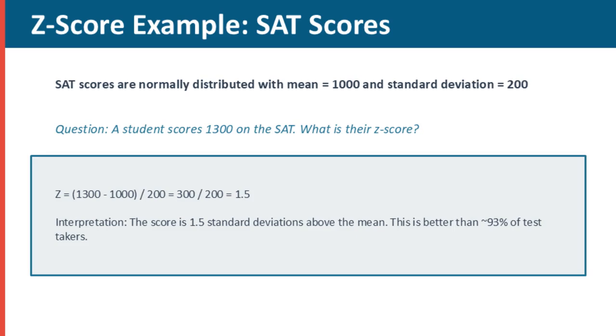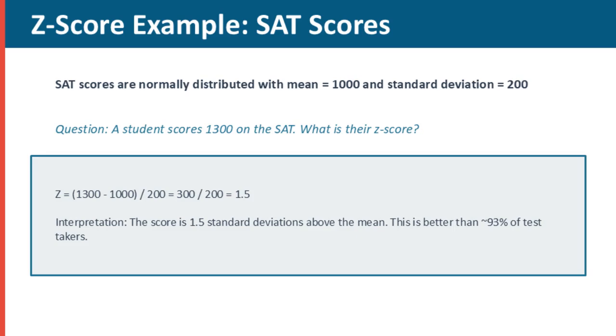Using the 68-95-99.7 rule, we know that 68% of students score within plus or minus 1 sigma, which is between 800 and 1200. This student actually scored beyond that and is in the top tier. More precisely, using a z-score table, a z-score of 1.5 corresponds to approximately the 93rd percentile.